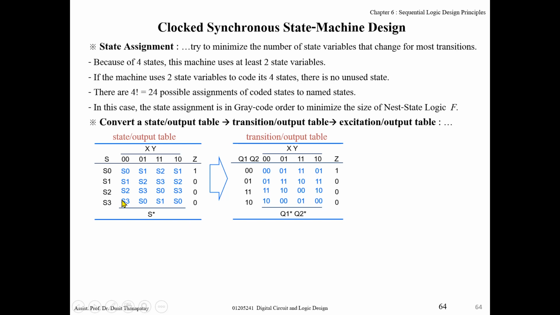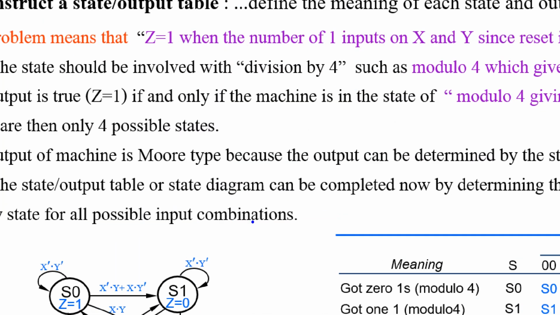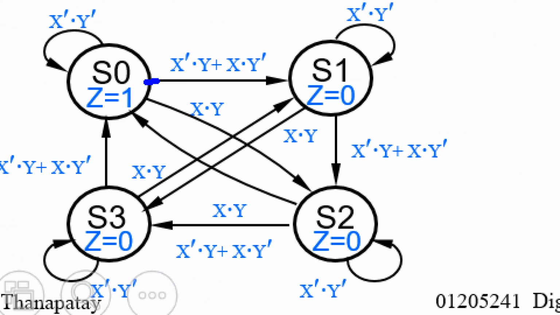From the example, I define 0,0 for state S0, 0,1 for S1, 1,1 for S2, 1,0 for S3, in gray code order, because in the state diagram it went from this to this, this to this, this to this.